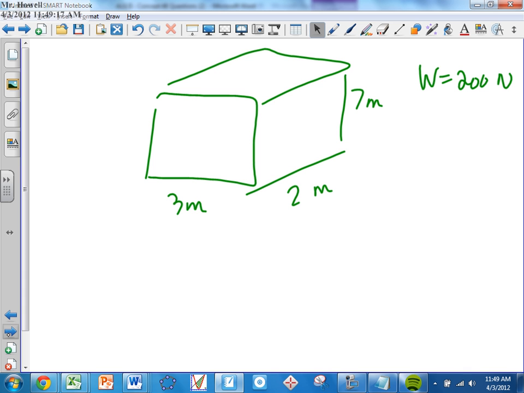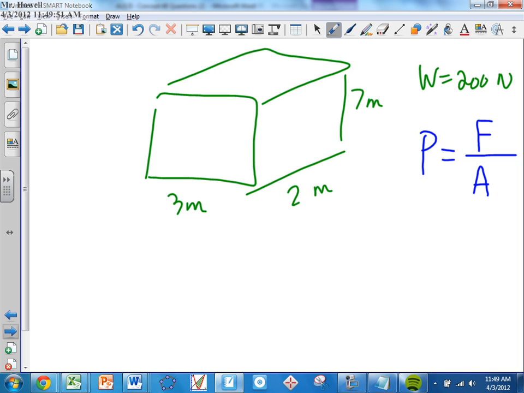I want to know how much pressure is being applied to the surface that it's sitting on. What's my formula for pressure? Density you're thinking of. Pressure is capital P. Capital P equals force over area. It's over A.